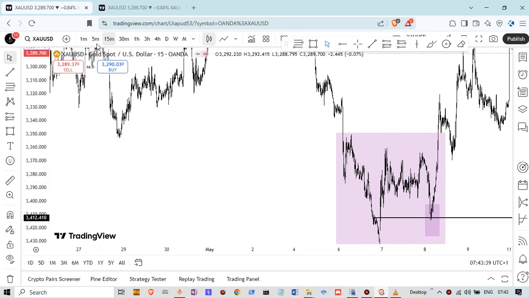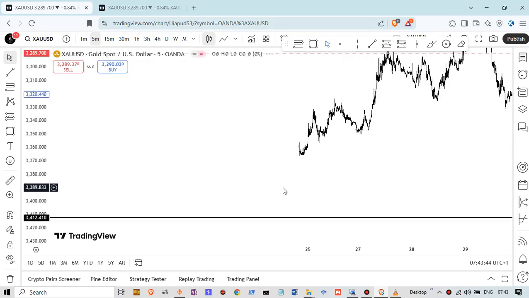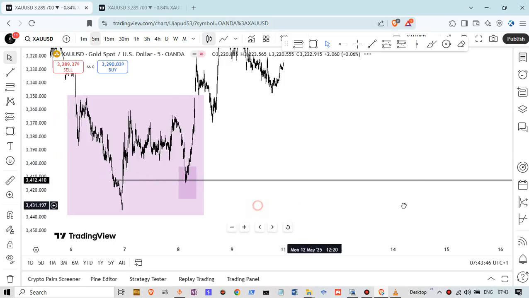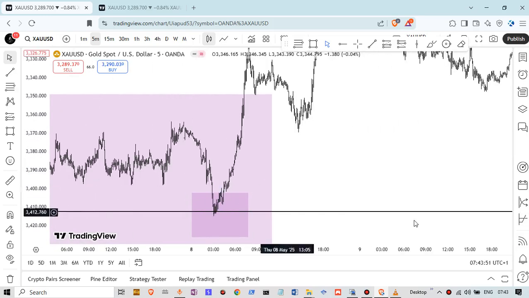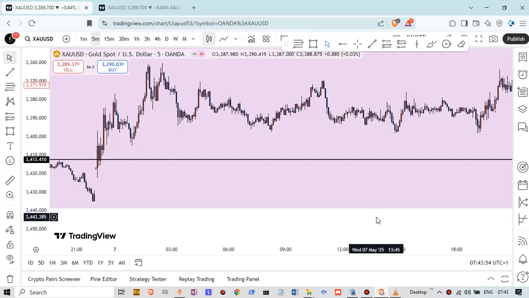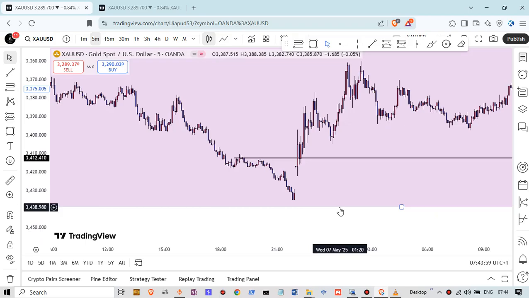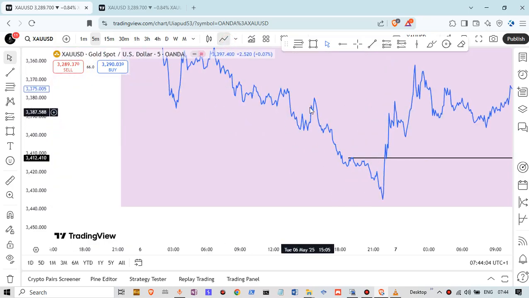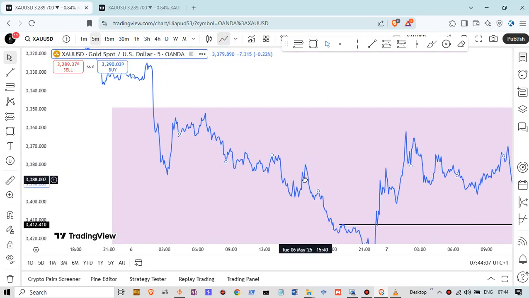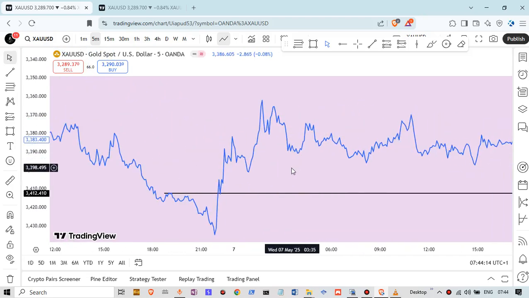Let's see what it looks like on the 5-minute time frame. On the 5-minute time frame, you will see a lot of highs, but that's why sometimes it's good to shrink it down to a higher time frame to minimize data.